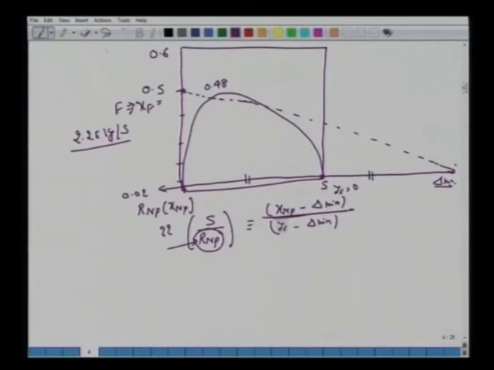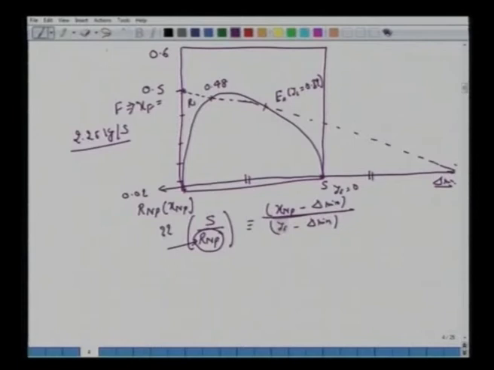Now how do we get this minimum amount of solvent? Let's see the schematic. We have the first and we have the last stage, so we can make an overall species balance or material balance here. So we have F plus S min equals RNP plus this extract E1.